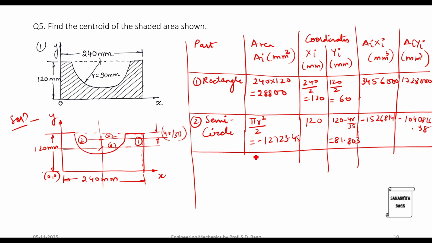Then we have to calculate summation of ai, which is 16076.55. We will calculate summation of ai xi, which is 1929186, and summation ai yi is 687183.62.